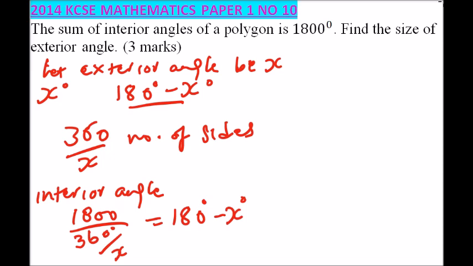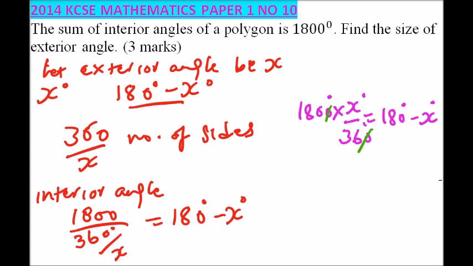So if we find x, we have managed to get the exterior angle. So you say 1800 multiplied by x over 360 is equal to 180 minus x, and these are degrees. You can divide 1800 by 360, you divide by 0, then 180 divided by 6 gives you 5.